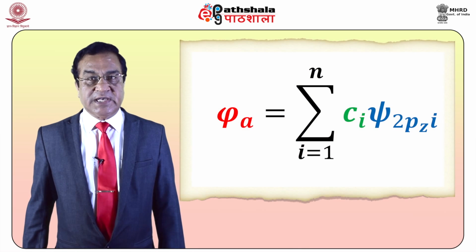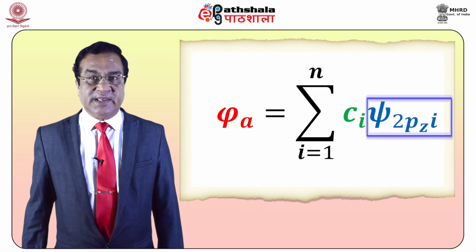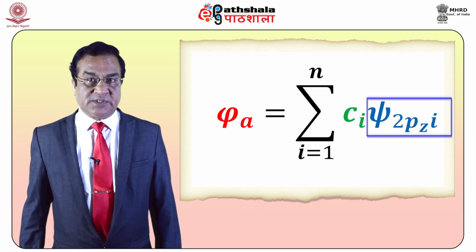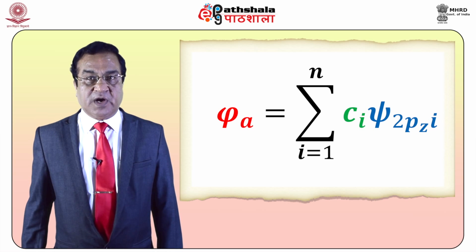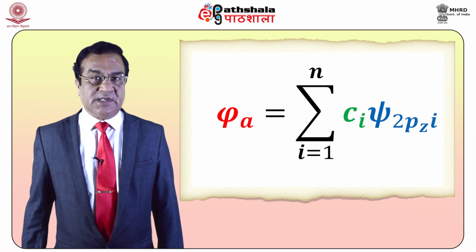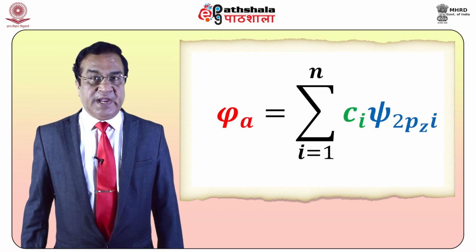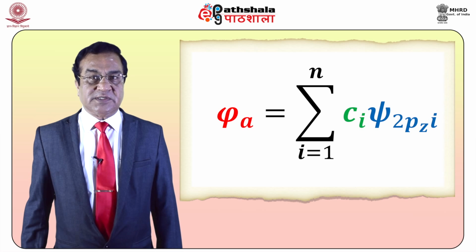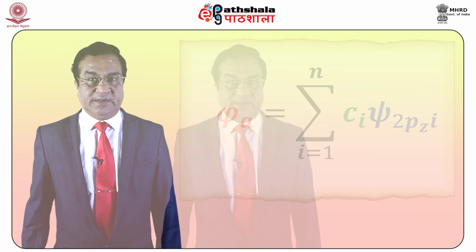That means we assume phi_A equal to the summation of c_i psi_2pz,i, where i takes a summation from 1 to n, where n is the number of carbon atoms. So here you can see that each carbon atom has a pi atomic orbital centered on it, and we presume this to be along the z direction because the corresponding molecule is taken to be planar in the xy plane.